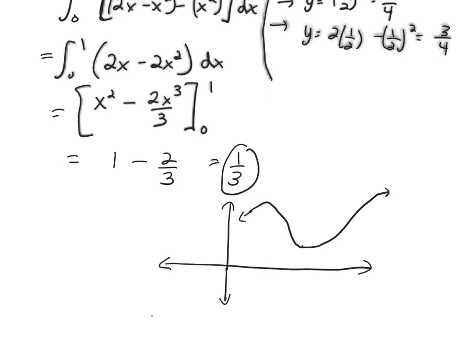So this bottom one is going to be y equals f of x, and this one here is going to be g of x. And again, I want to go between a and b.